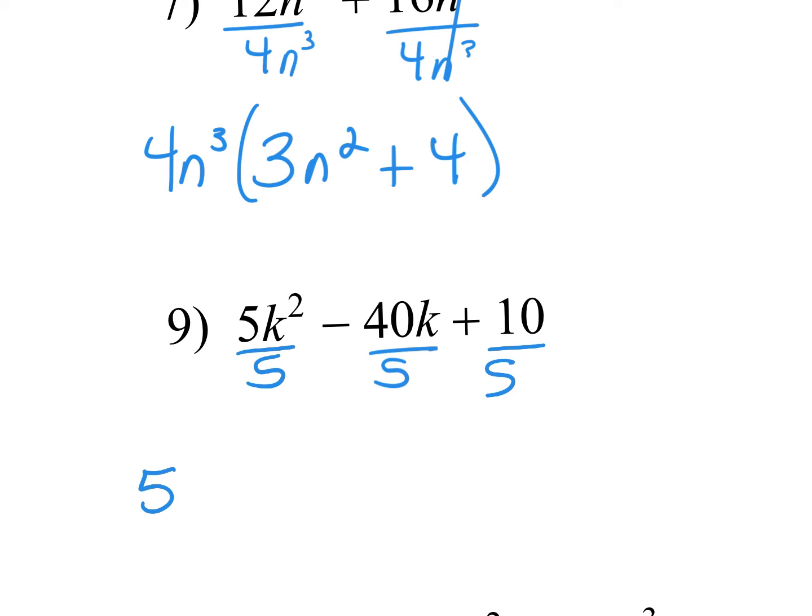So then my 5 goes out in front. 5 divided by 5 cancels, so I have k squared. Negative 40 divided by 5 is negative 8k. And then 10 divided by 5 is 2. And then later on, we would ask ourselves, can I break this down anymore? You can't. This one's broken down as much as we can.